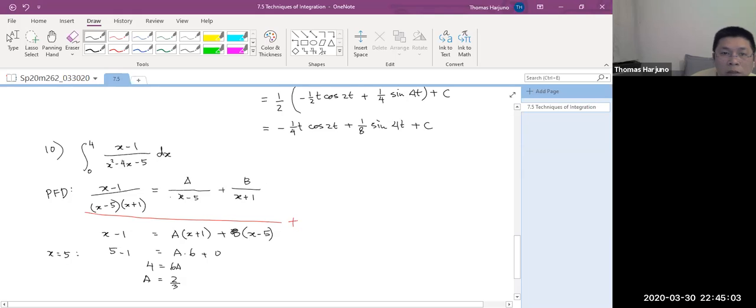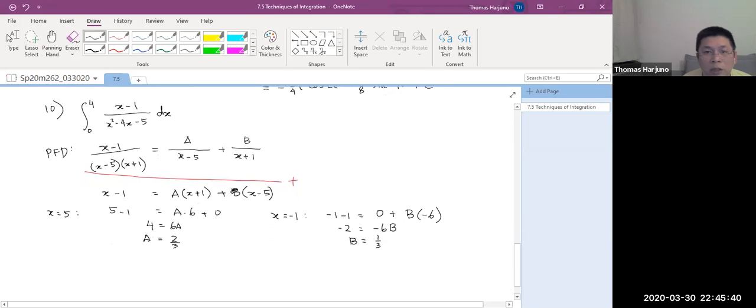While when x equals negative 1, I'll get negative 1 minus 1 equals 0 plus B times negative 6. Oh yeah, that's right. Okay, so negative 2 equals negative 6B, therefore B is 1 third. Okay, now let me go on.